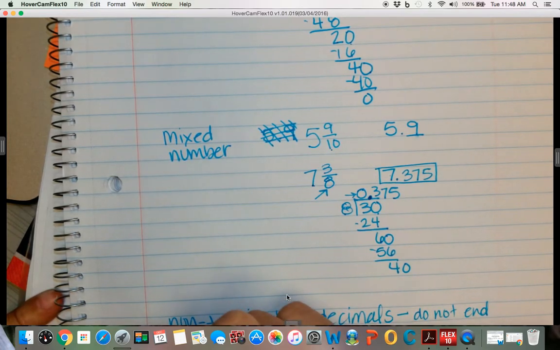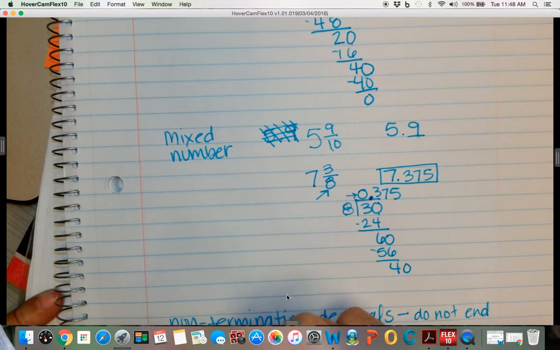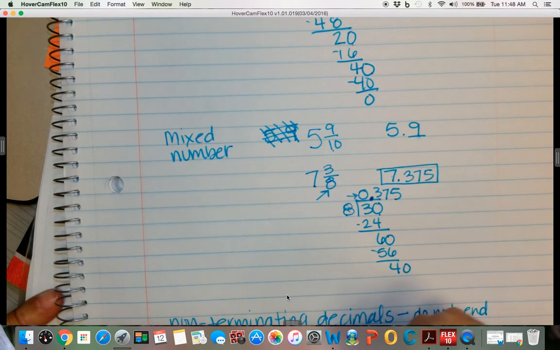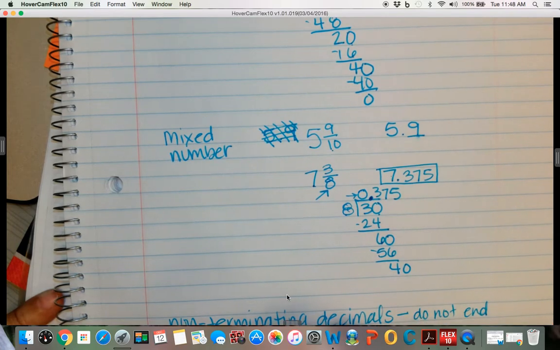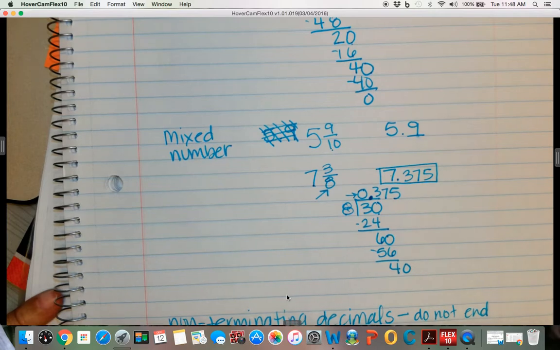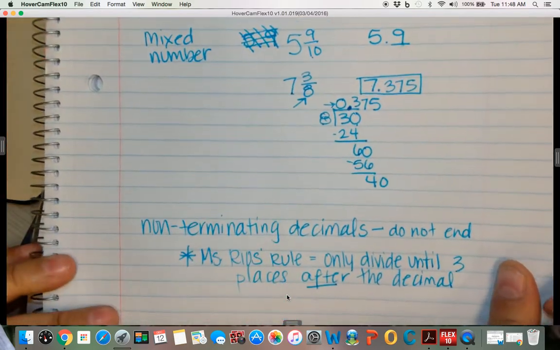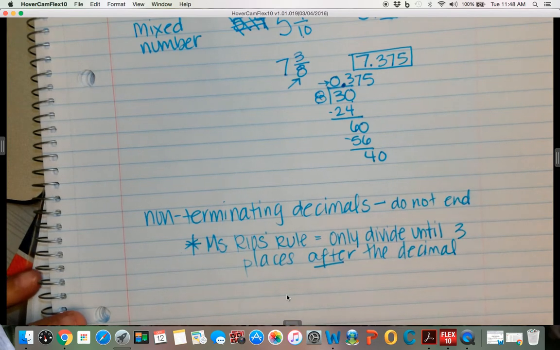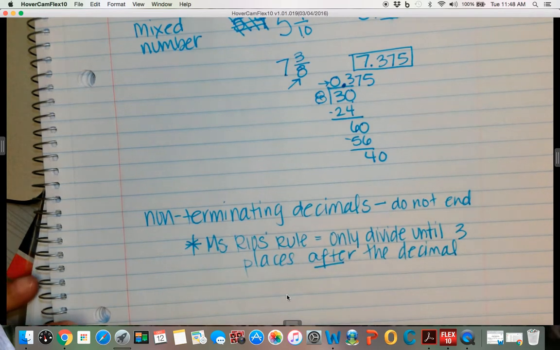So Miss Rios' rule is only divide until 3 places after the decimal, and then you can kind of round up. You will have numbers that go on forever and ever, and we don't want to keep dividing forever. It's too much trouble. So I'm going to give you an example, and I'm just going to show you.